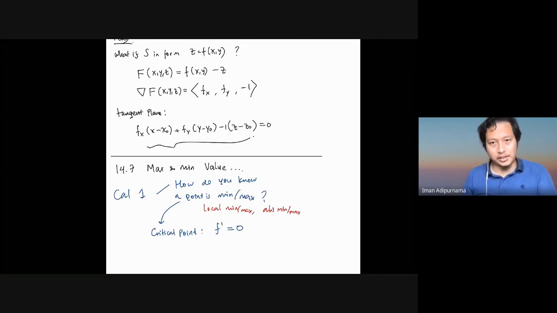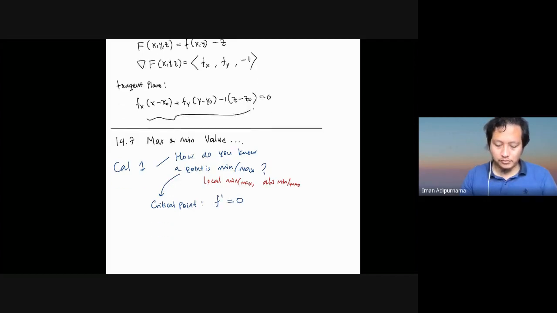But it's not always the case. You need to look at the equations and how long the interval is, and you need to check which one has the maximum value and which one has the minimum value. And you can also check with the second derivative test, right? The concavity, right?